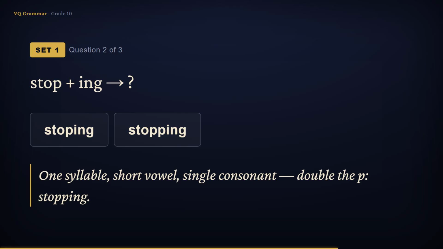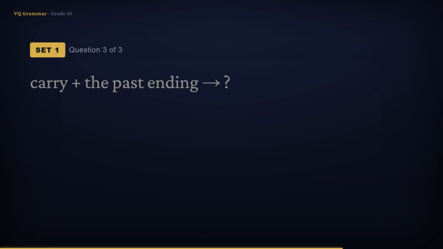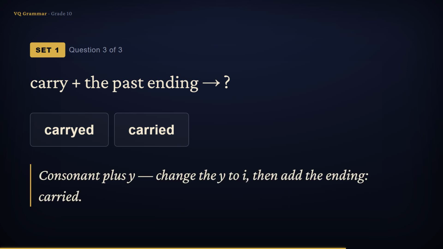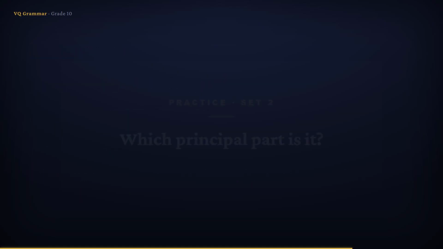That is exactly the doubling rule, so the P doubles. The correct spelling is stopping. Carry plus the past ending. The letter sitting before the Y is R, and R is a consonant, so the Y turns into an I. The correct spelling is carried.